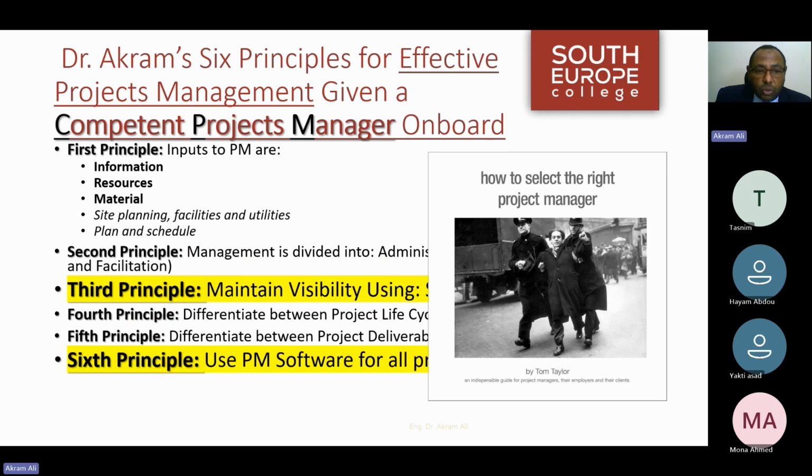Okay, so here, from my years of experience in project management, are my 6 principles for effective project management, given a competent project manager is on board.